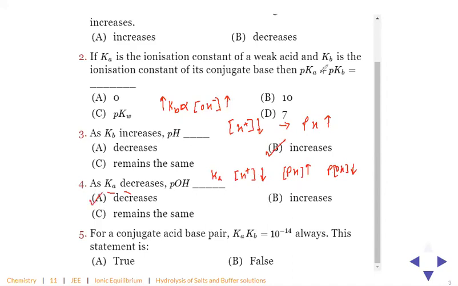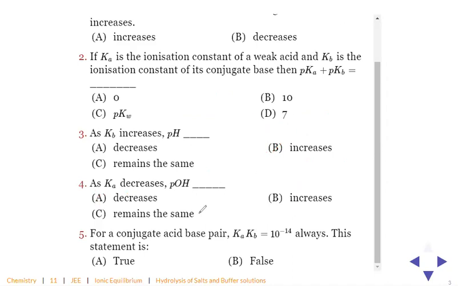So here the answer is wrong. It should decrease. Now fifth one, Ka into Kb is equal to Kw always, right? But Kw cannot always be 10 to the minus 14, because it changes with temperature. Agree, everyone? That's why it is false, because of this always.